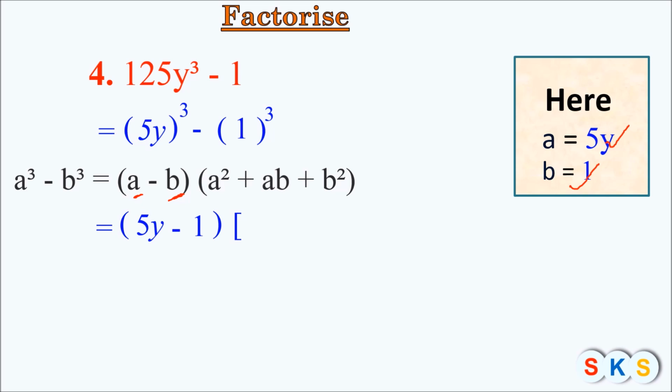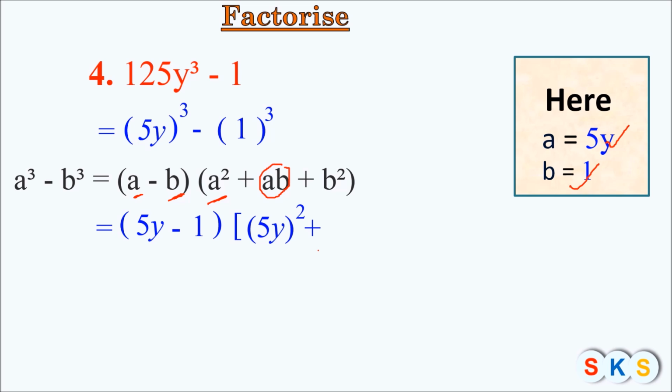Now we will simplify the second bracket. In the second bracket also we will substitute the values of a and b. The first term is a square, so we will write 5y in place of a, so we will get 5y the whole square plus, look at the second term of the second bracket, ab. ab means a into b, and what is the value of a? 5y.